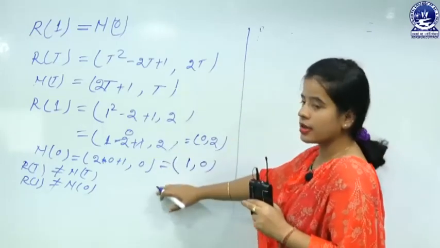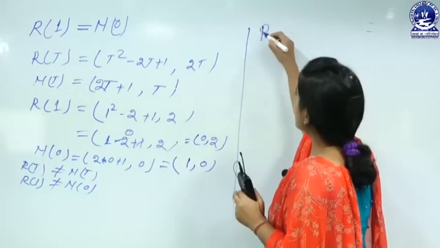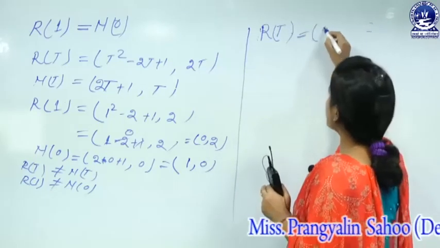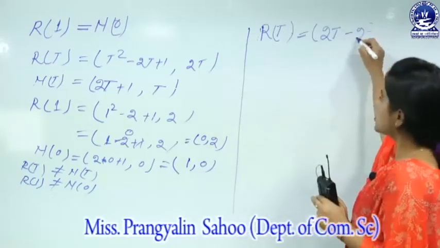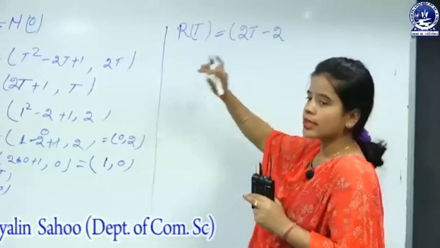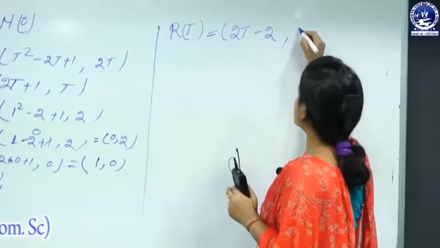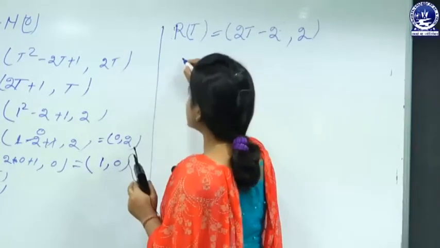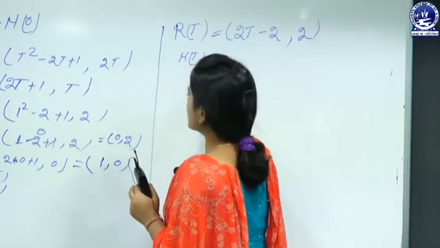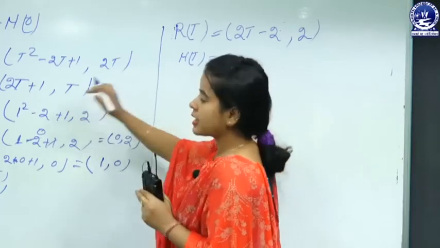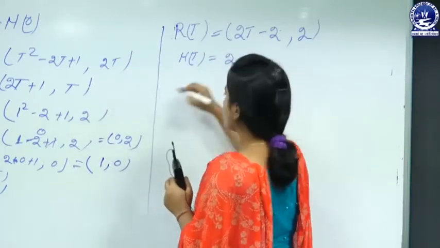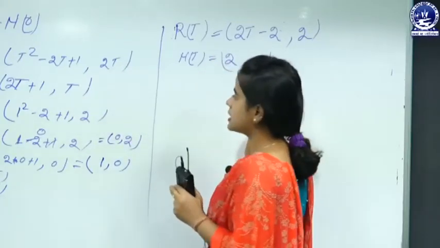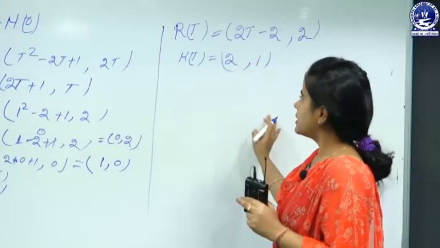Suppose they are equal. To check the next derivative, r of t equals 2t minus 2; here 1 is constant, so its derivative is 0, and the next value is 2. Similarly n of t equals 2t plus 1, so the derivative is 2, and 1 is constant, so the point is (2, 1).